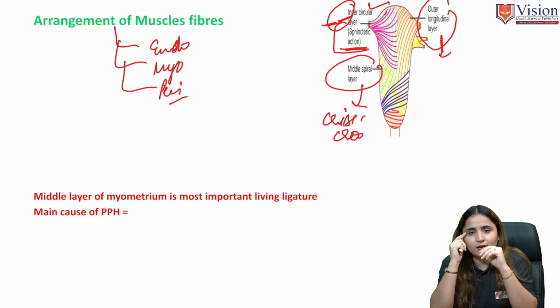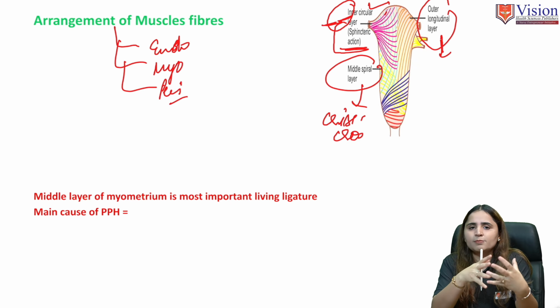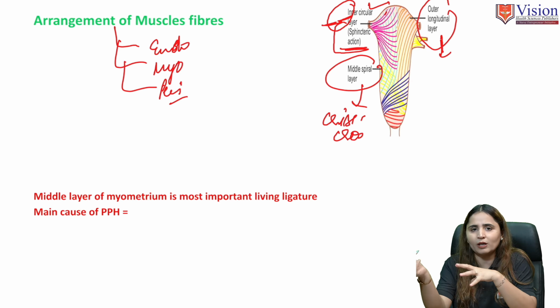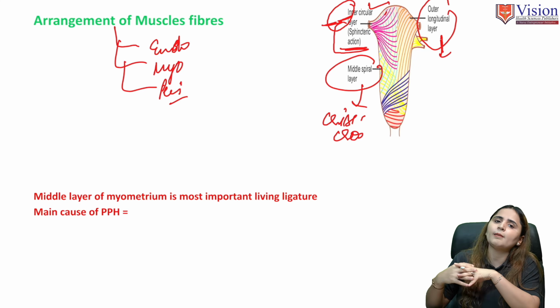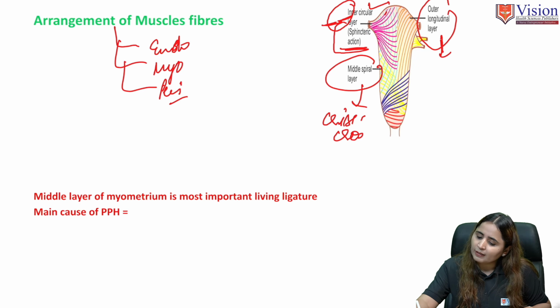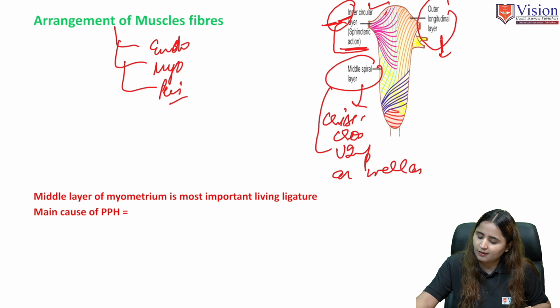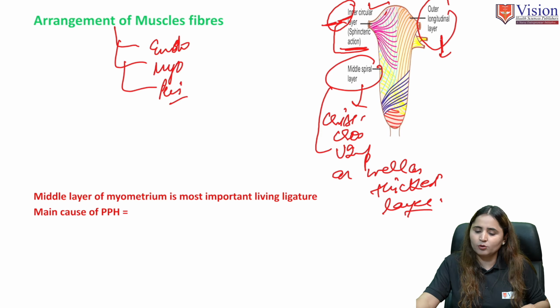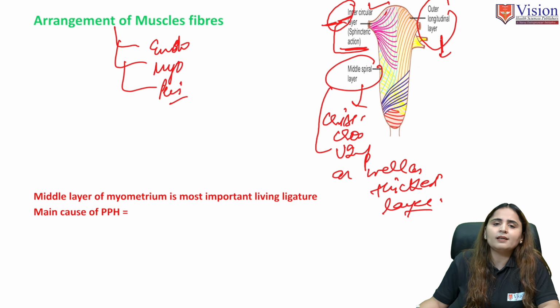This crisscross arrangement of the uterine muscle fibers is very important in the postpartum period. This middle layer is very important, as well as the thickest layer of the uterine muscle fiber. So why is it the thickest layer?